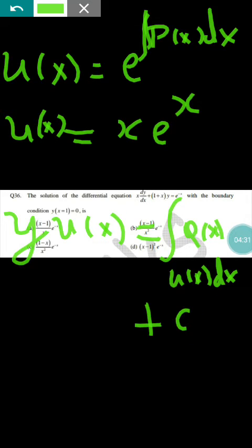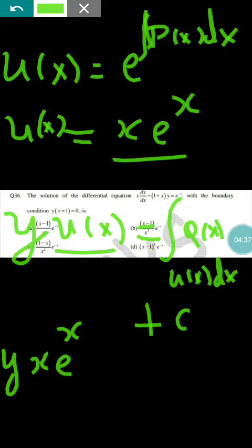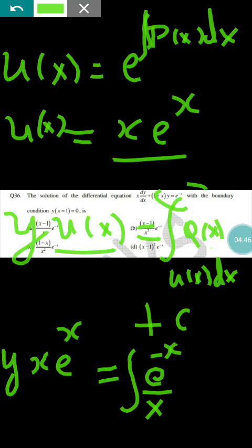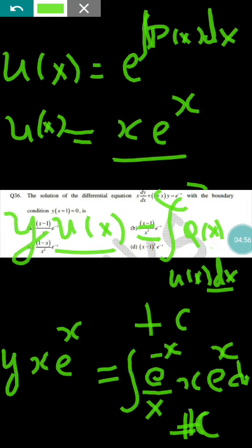Now substitute. Here I have y times u of x, which is x e power x, equal to the integral of q of x, which from the question is e power minus x by x, times u of x, which is x e power x, dx, plus c, some integration constant.